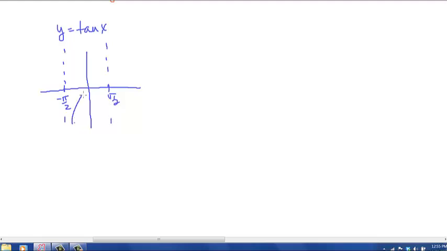So the graph looks something like this. And that section of the graph from negative pi over 2 to pi over 2 is 1 to 1. So we can restrict the domain, like sine, from negative pi over 2 to pi over 2, and again, the range of tangent is from negative infinity to positive infinity.